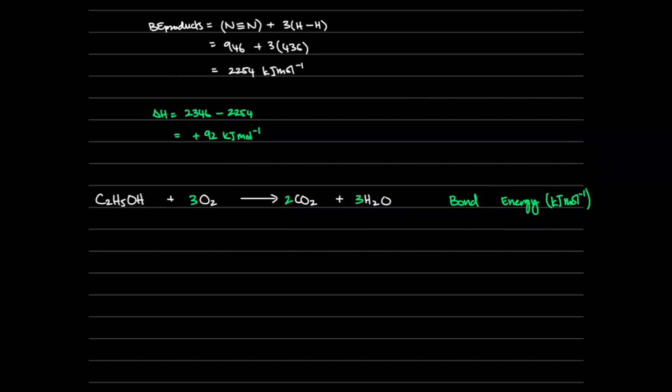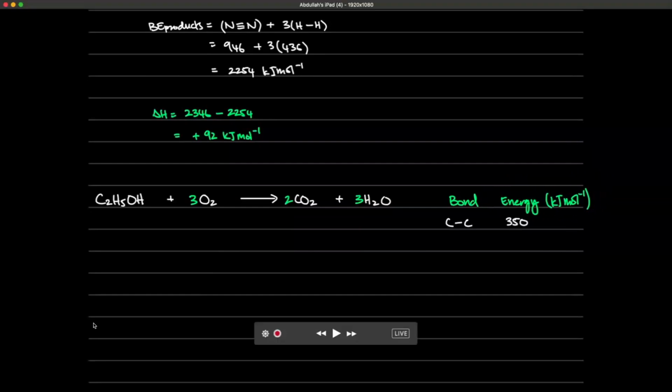Let me just get the values real quick. Yeah. So हमारे carbon-carbon bond. Again, these values, अगर आपको calculate करने का बोलेंगे, आपको values दी हुई होंगी. Okay, so you don't have to memorize any of these values, obviously. These will be given to you. Carbon-carbon is 350.